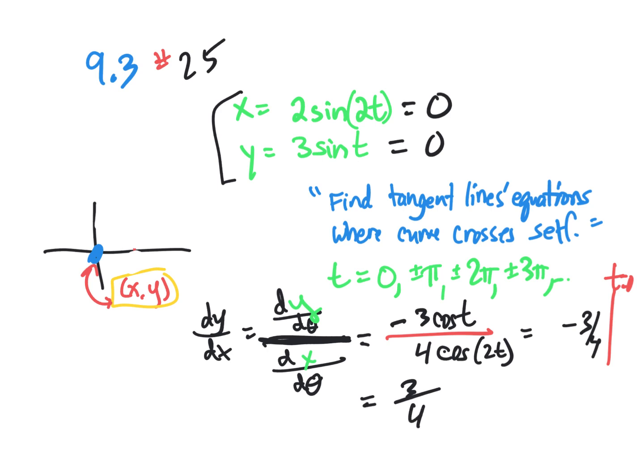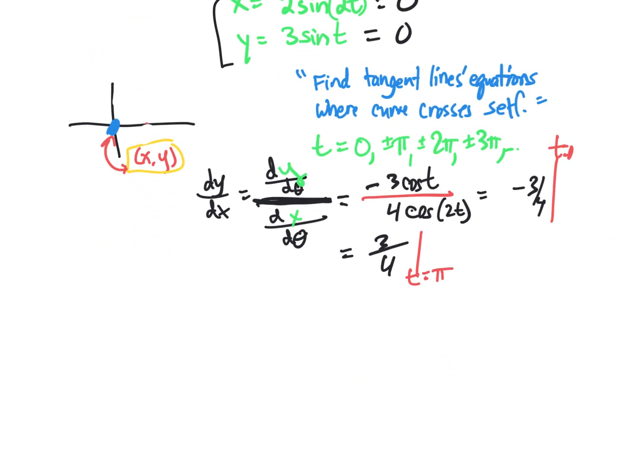So those are two consecutive times when we cross this graph. And every time we have t go to another value of pi, we'll come back and cross again. Okay, so the equations of the tangent lines there are y equals mx plus b, but b is equal to 0 because these are going through the origin.